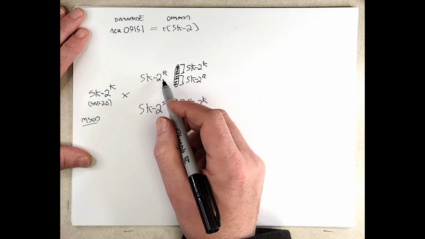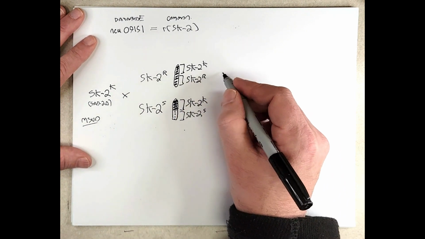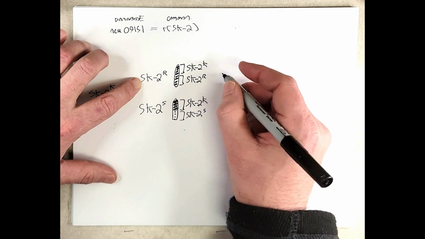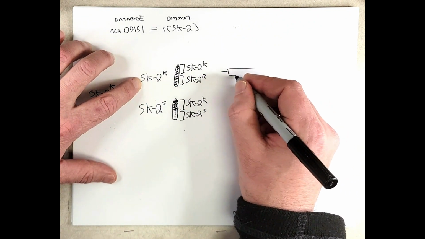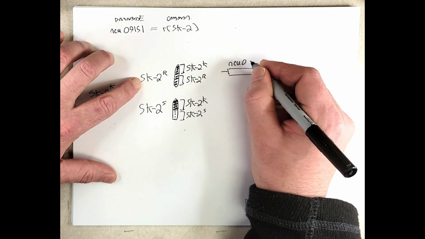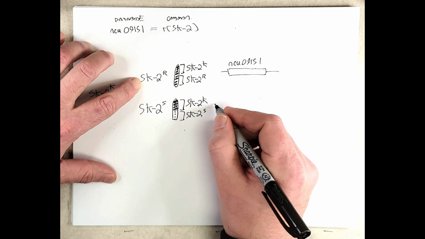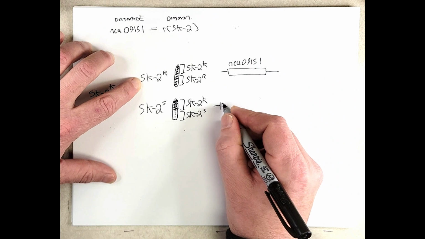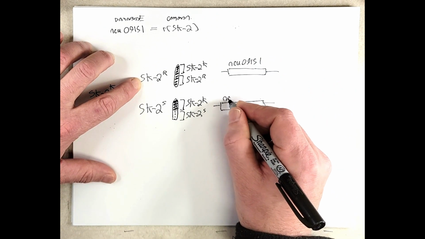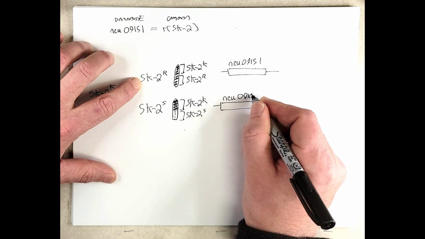But the problem is, right, that SK2R has the NCU09151 gene, so does SK2S. It also has the NCU09115 gene.